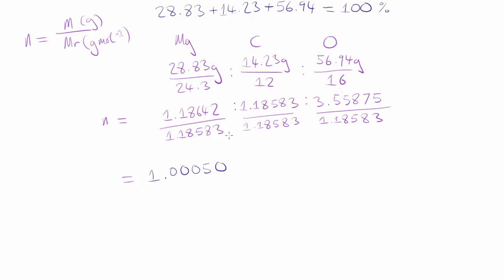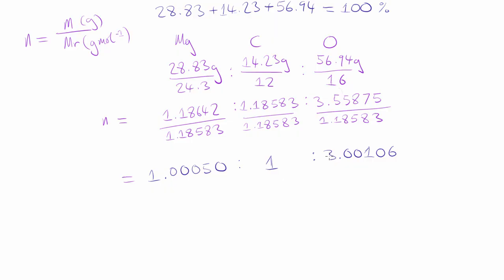For carbon, we're dividing a value by itself, so you don't need a calculator, you know you're going to get 1. And in the case of oxygen, this gives us 3.00106.